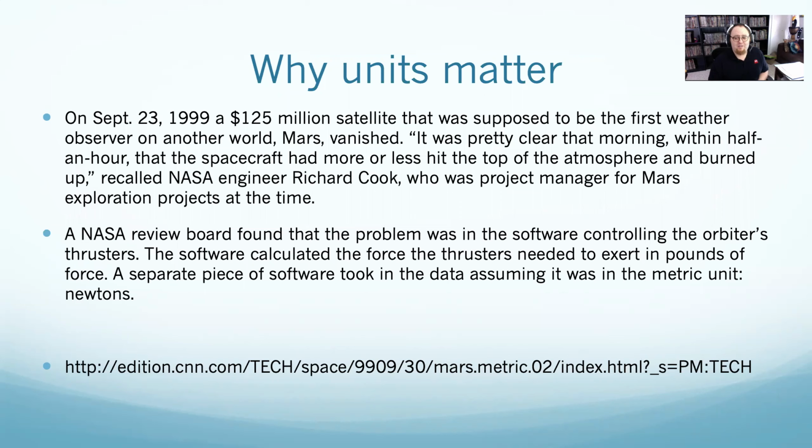The general idea of what happened was there was a whole bunch of engineers working on this project. And the engineers were like, we're in America, we're using American units. And because they were apparently really bad at their job, they didn't label their units. Also working on this was a bunch of scientists. And the scientists were like, this is a scientific thing. In science, we use metric. Everyone uses metric. It's obvious.